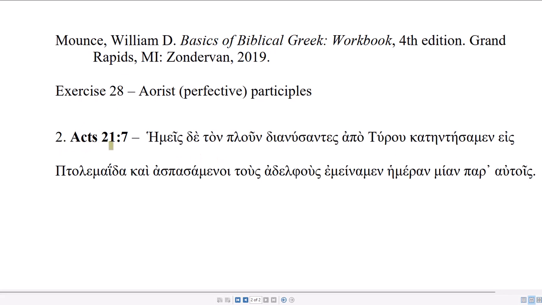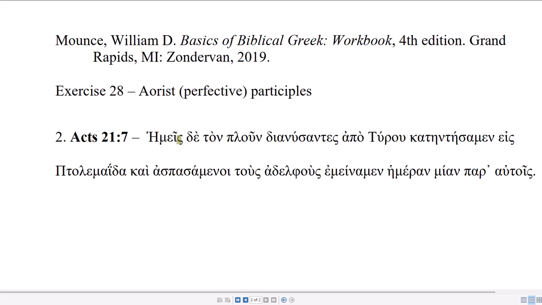So we'll look at the entire verse of Acts 21:7 here. Let me just read it. Hemes de ton plun dianusantes apaturu katentesamen eis Ptolemaida, kai aspasamenoi tous adelphus emeinamen hemeran mian par autois.